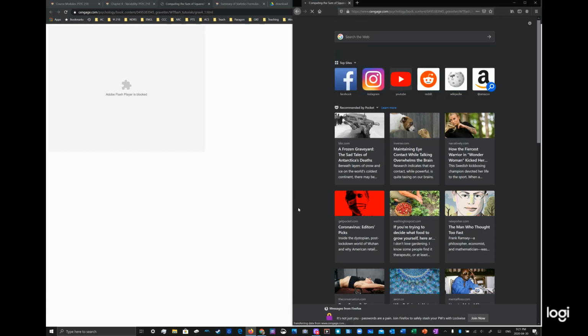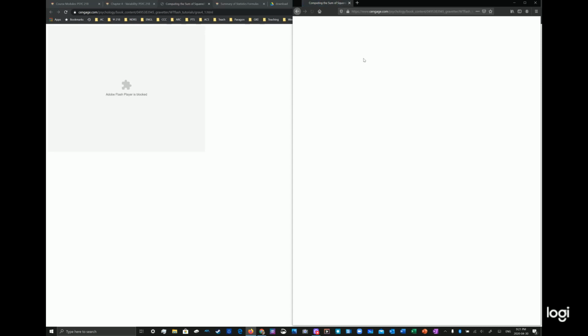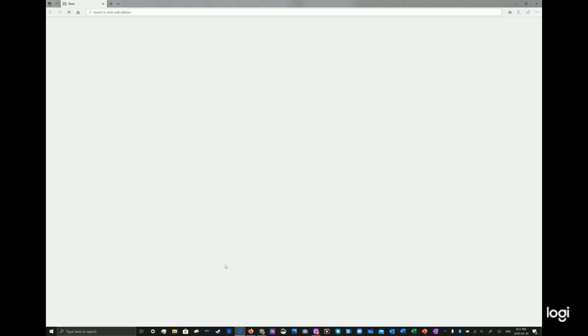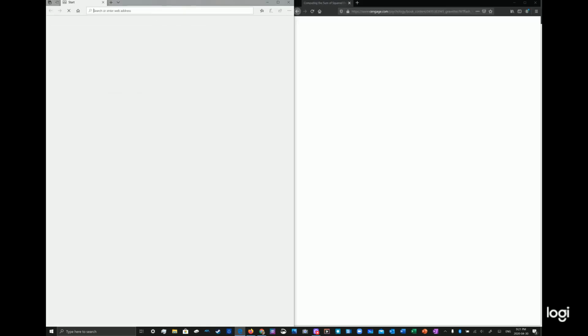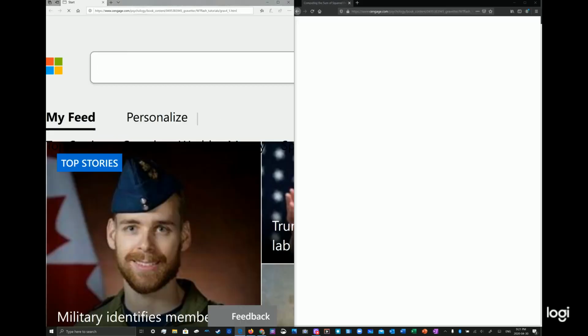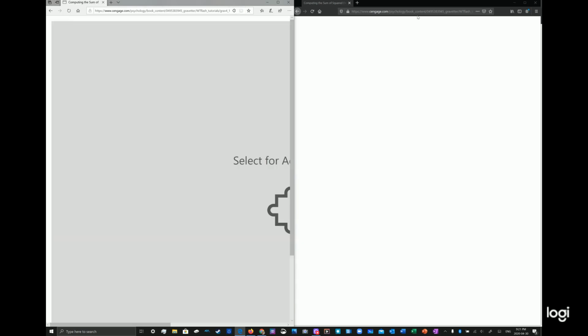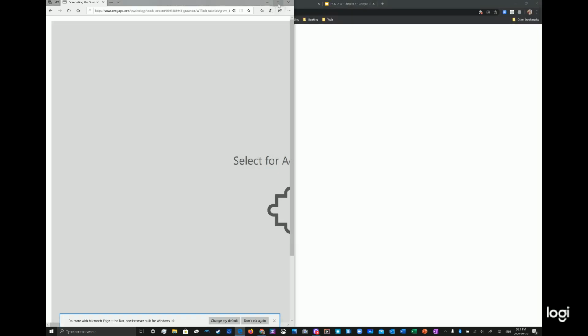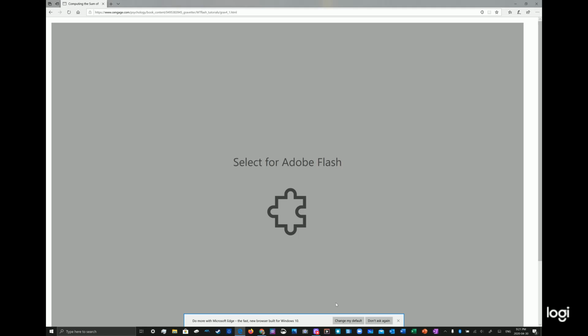So let's try it with Firefox, for example. Okay, I'm just going to open the Microsoft Edge one just in case. No, Firefox doesn't work. Well, for Windows, you have Microsoft Edge anyway.